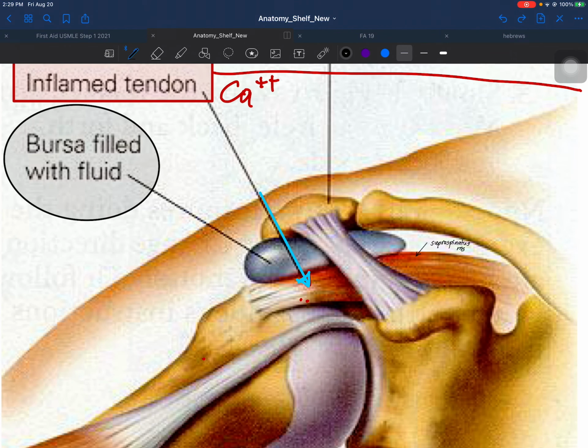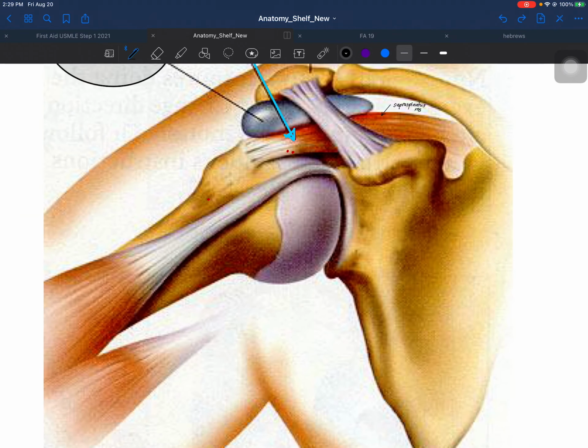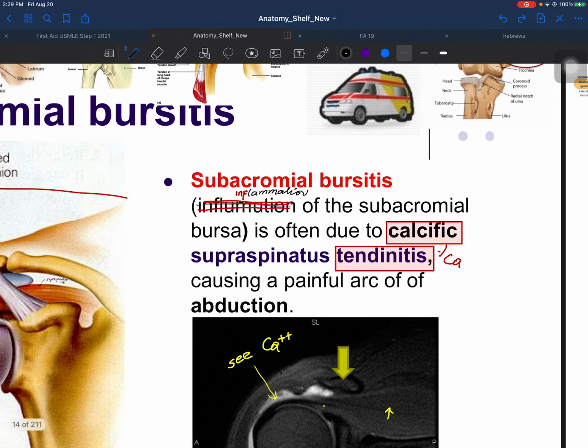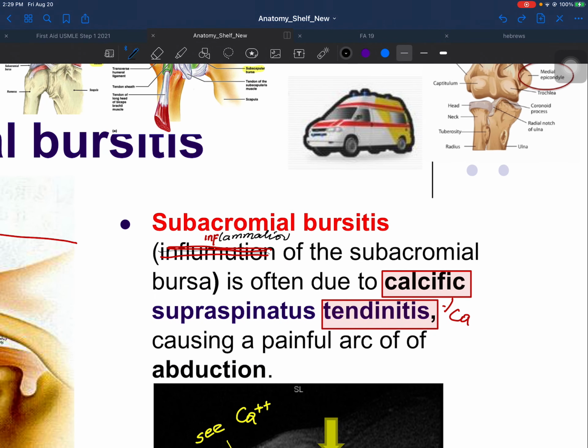So the bursa is filled with fluid because of the bursitis, and that's it. So now let's see what the whole thing is about. It is saying that subacromial bursitis, which is inflammation of the subacromial bursa, is often due to calcific supraspinatus tendinitis.